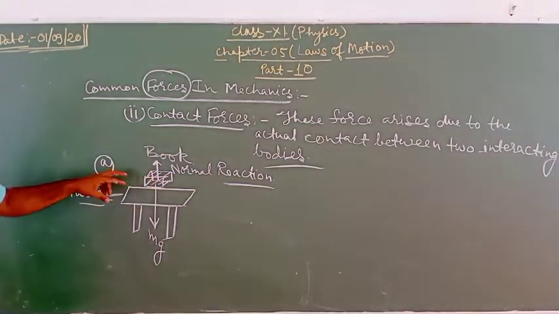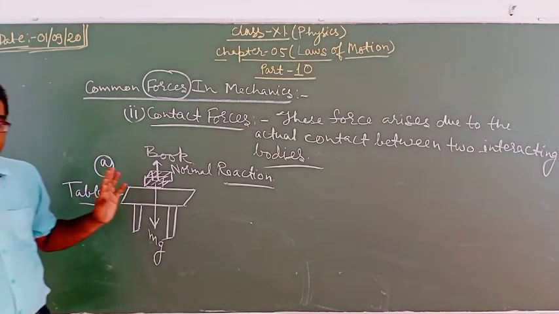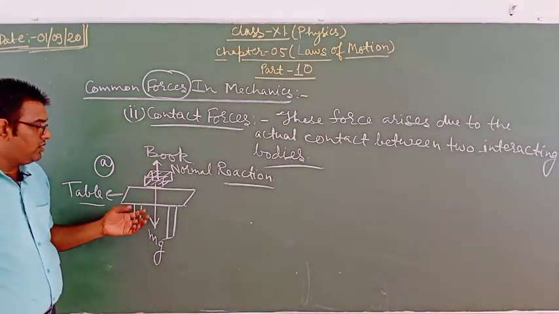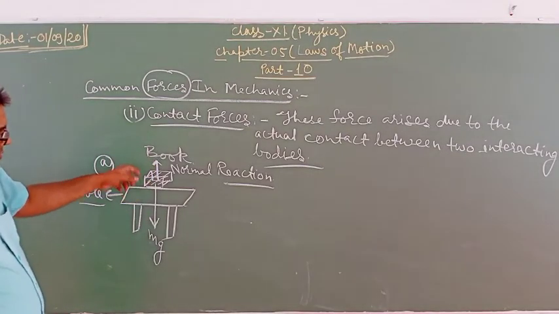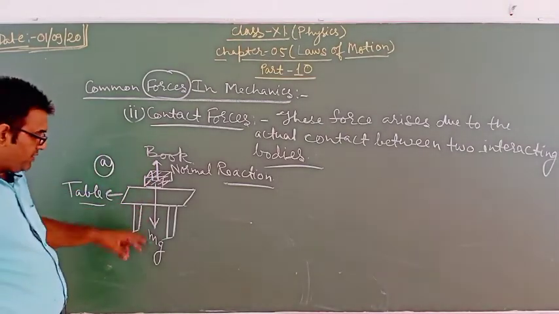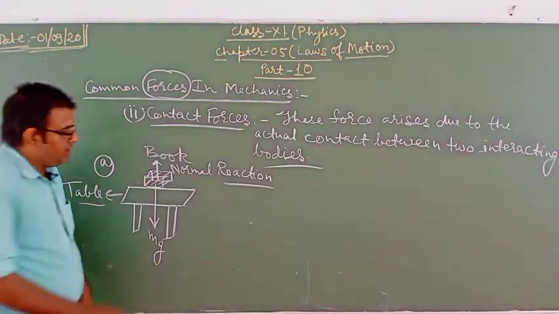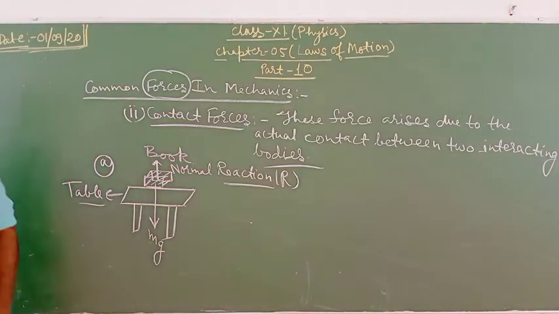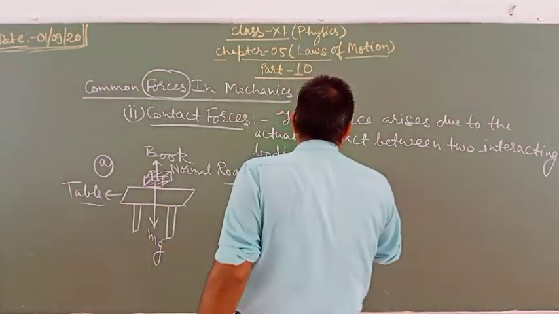This force arises due to the contact of the book with the table. Due to that contact, the normal reaction arises, balancing the weight mg, the attraction of the book towards the earth.